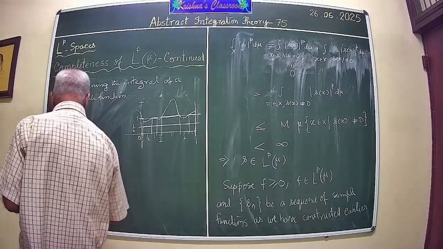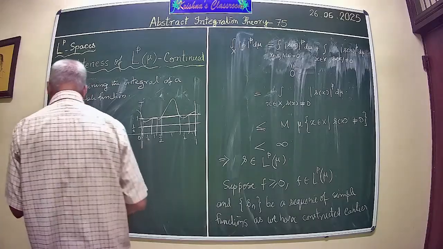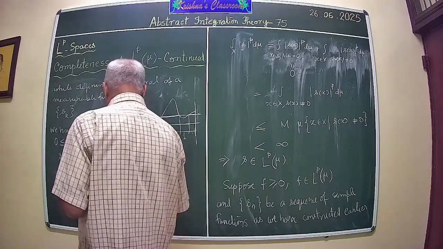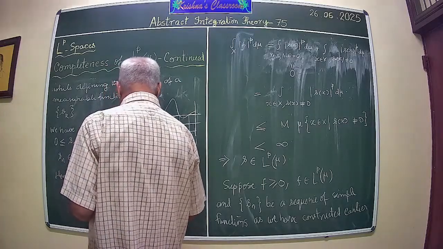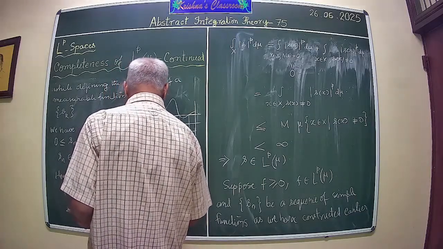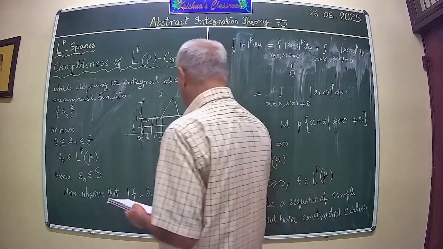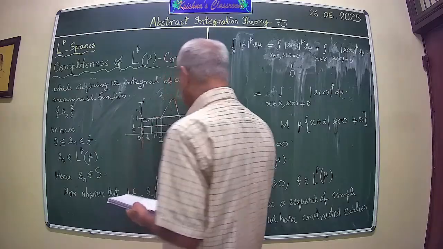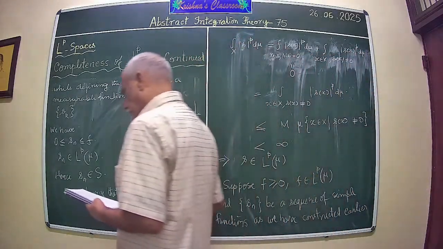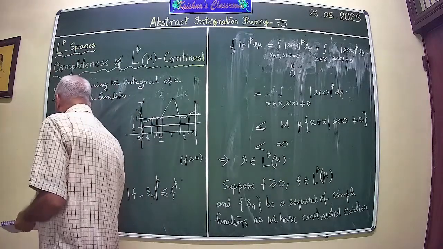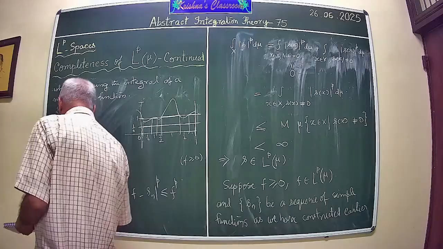Now observe that modulus of f minus S_n is bounded by f. Here we have assumed f greater than or equal to 0. f is non-negative. Therefore, this estimate is there. Now apply dominated convergence here.